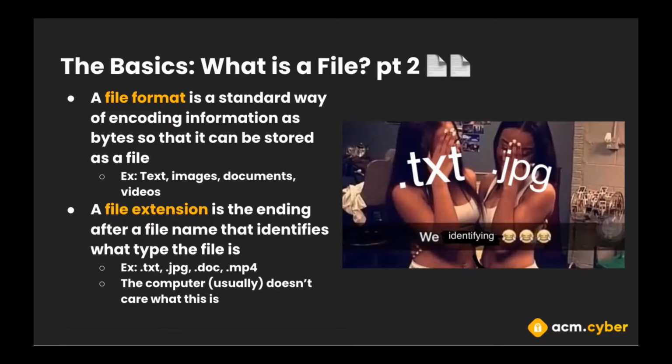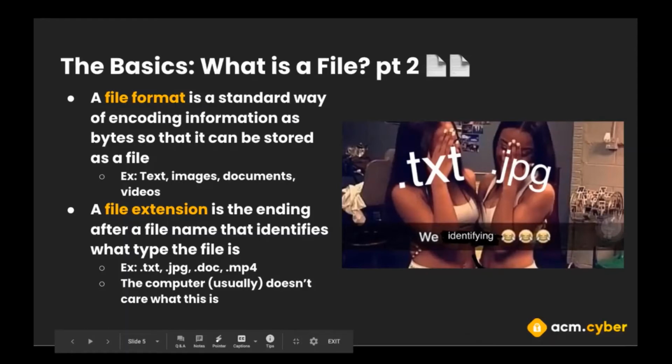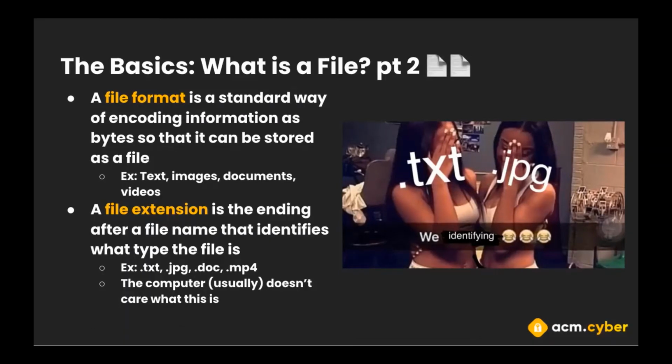So the file extension is usually the last part of a file name, like .txt, .jpeg, .doc, .mp4, stuff like that. Usually the computer doesn't care what the file extension is. Windows kind of does, Linux doesn't very much, but you can manually change the file extension and it won't actually change the content of the file, just what the file appears to be on the outside. Yeah, next slide, please.